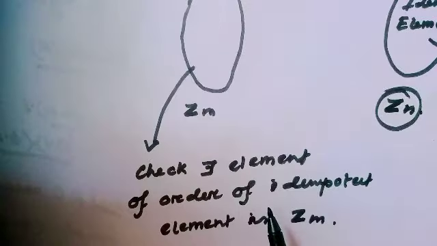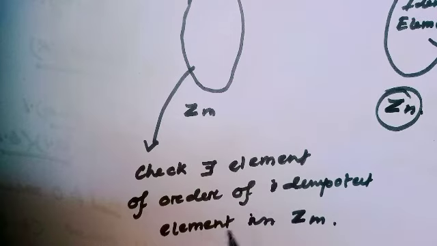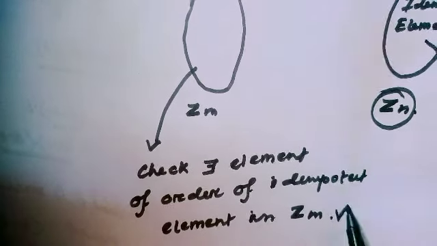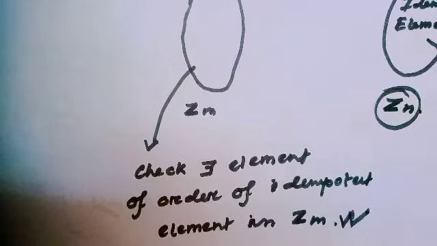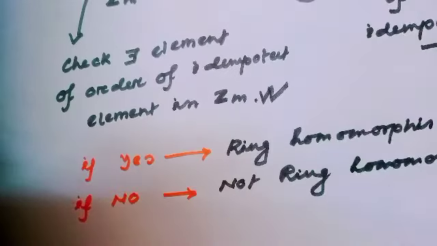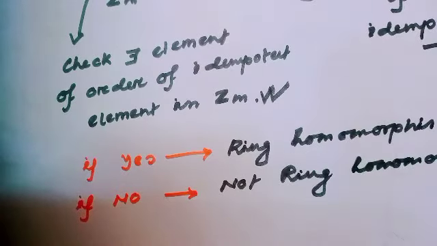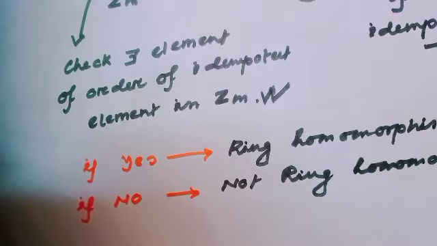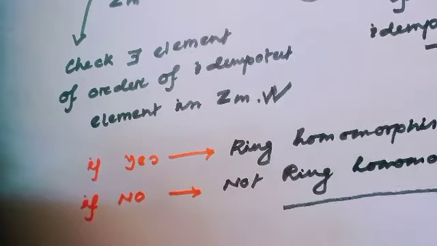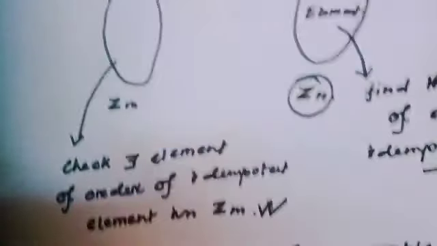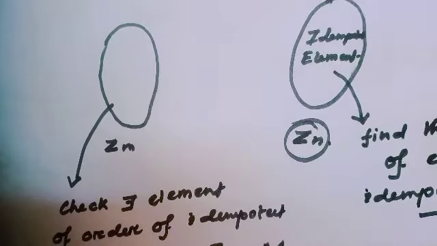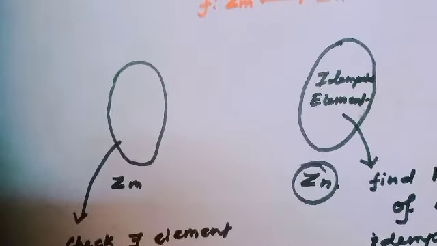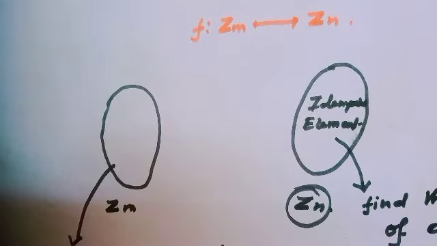Now check, does there exist an element of the order of the idempotent element in Zm? If yes, then obviously a ring homomorphism exists. And if no, then there exists no ring homomorphism. Are you getting the total idea? To find the ring homomorphism of a mapping from Zm to Zn?